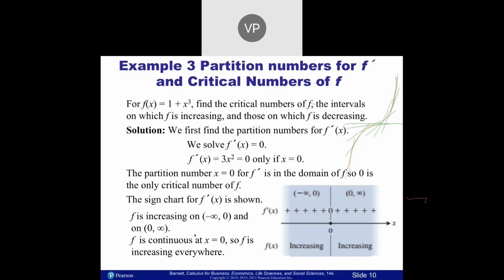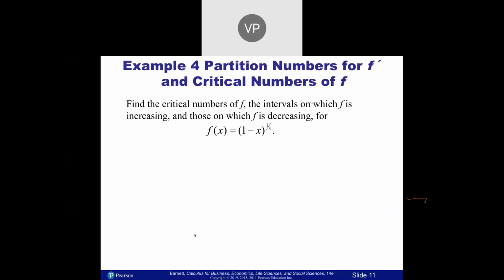So your graph continues to increase. It slightly pauses at x equals 0, and then it picks right back up again. But it never goes downward. It just goes up, pauses for a second, and then continues up. That's a case of increasing everywhere except for one spot where the slope is 0.